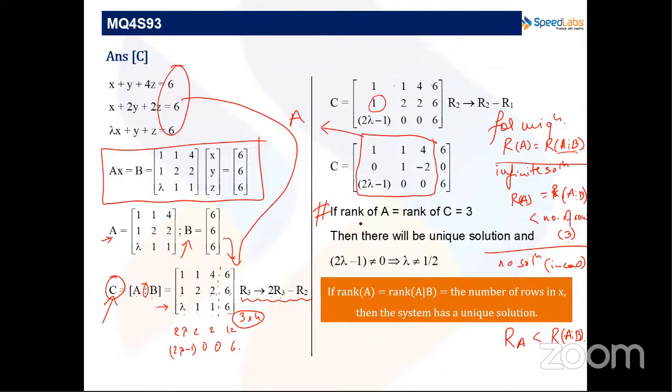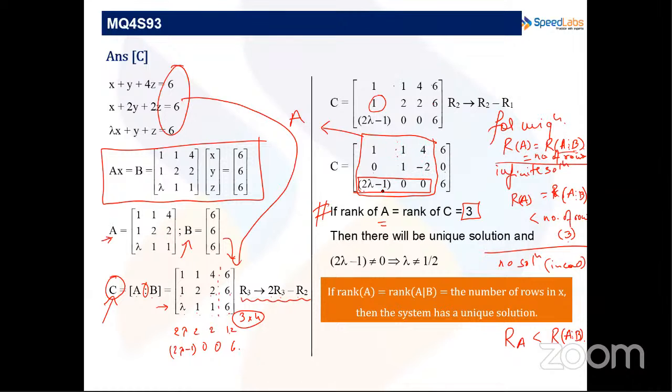So if the rank of A and rank of C both are equal to 3, it should be equal to the number of rows, then they have a unique solution. So rank of A should be 3. That means this cannot be equal to 0. If this value is 0, this row is 0, then the largest determinant which will have a non-zero value will be of 2 cross 2.